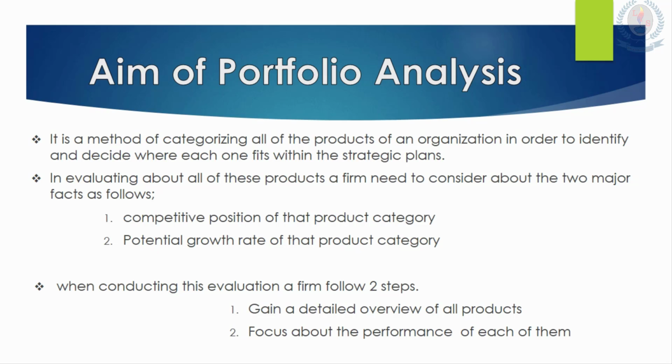Think about an example. For example, if we consider that there is a company called X, and this company X provides 4 different types of products to the marketplace. Products A, B, C, D are 4 different types of products.